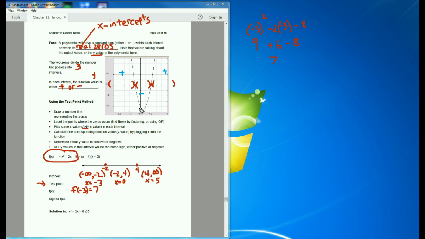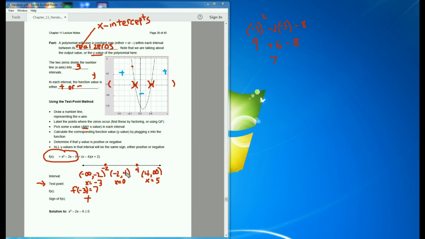And if we look at the graph, this is 1, 2, 3, we can see that point right there, (-3, 7). The value of 7 is not really important. All I really care is that the function is positive there. That is all I care about.